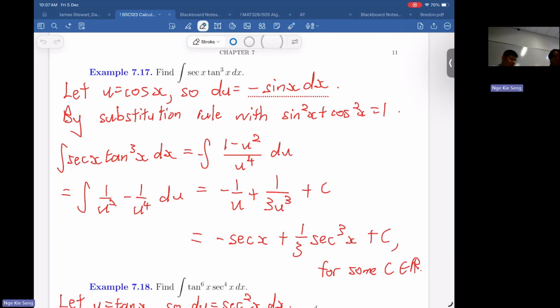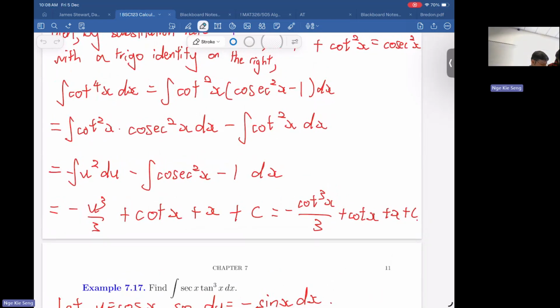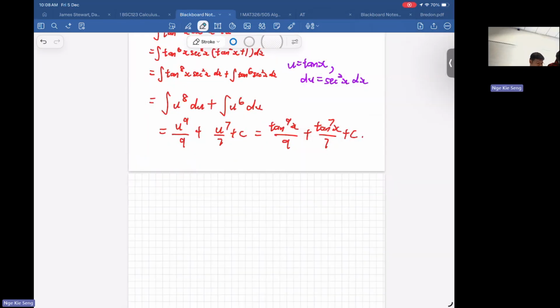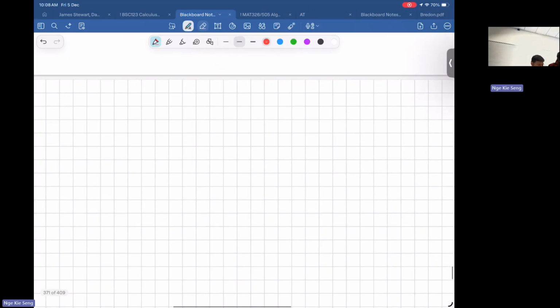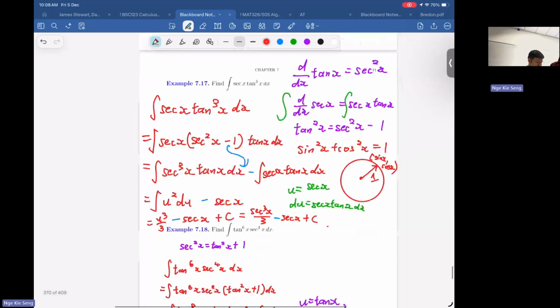Hey. Yeah, I understand. Which one? Cosecant? You mean what is cosecant? So cosecant by definition is sine... What do you mean?